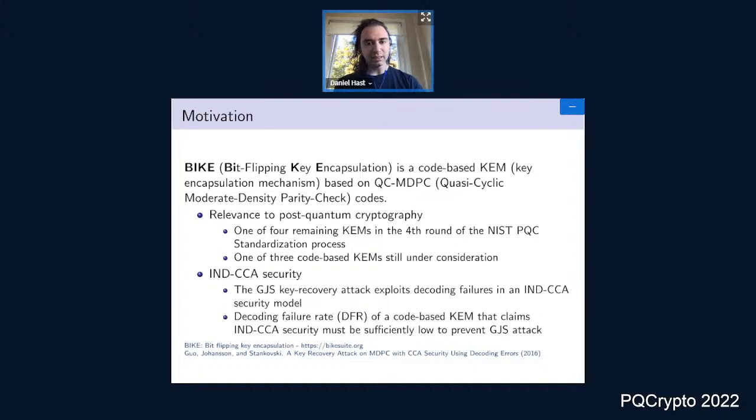So one of the main questions is about IND-CCA security. The issue is there's a known attack that exploits decoding failures. So in order to claim IND-CCA security, the decoding failure rate has to be exponentially small in the security level.